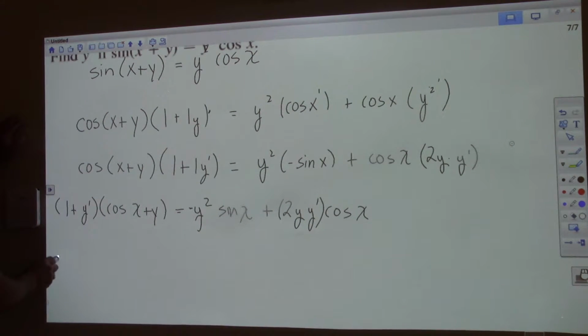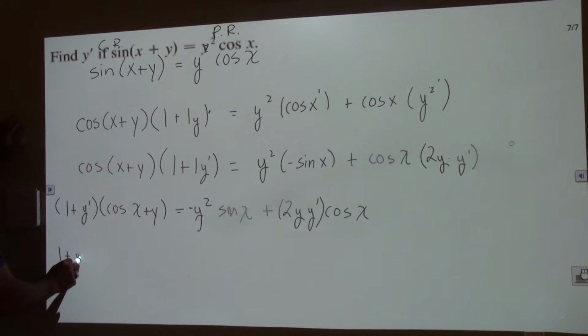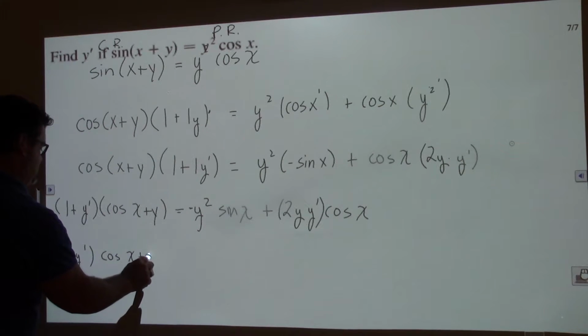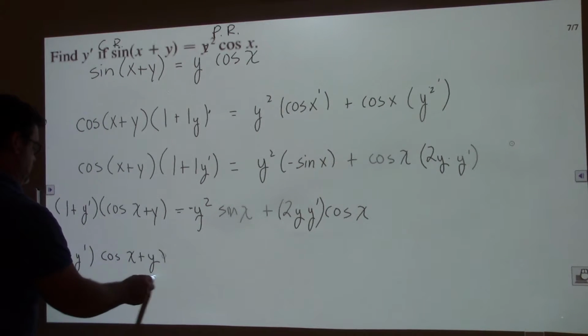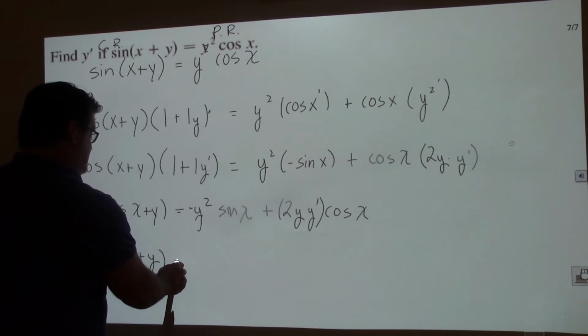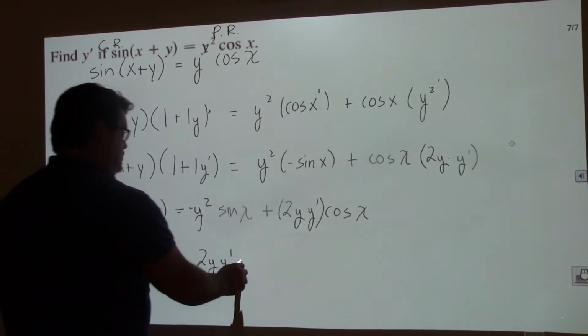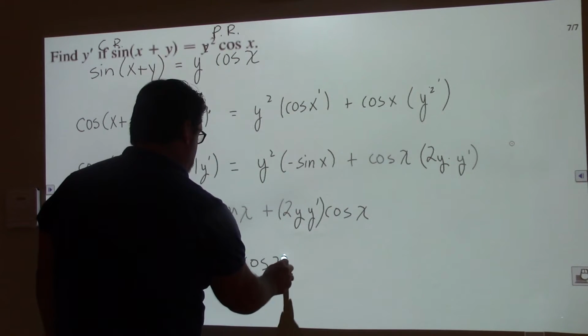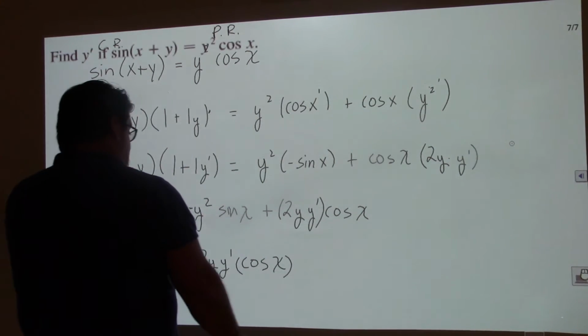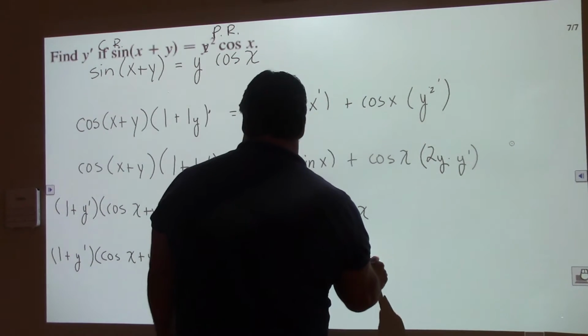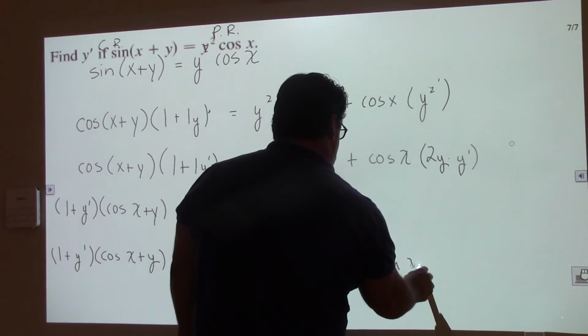So (1 plus y prime) cosine of x plus y minus 2y y prime times cosine of x equals negative y squared sine of x.